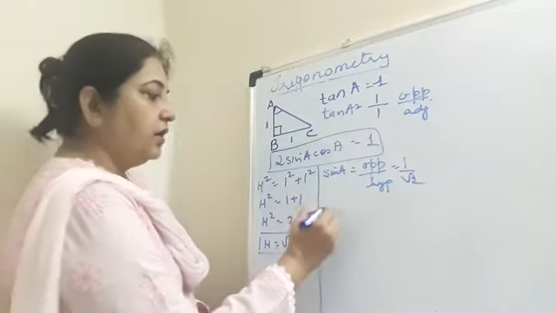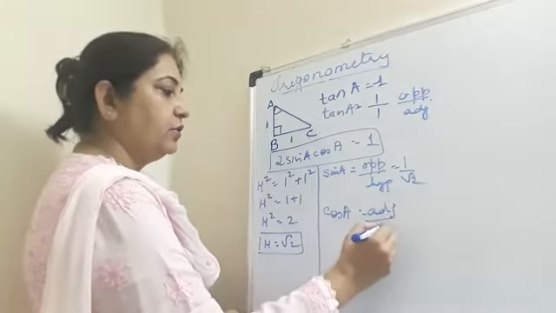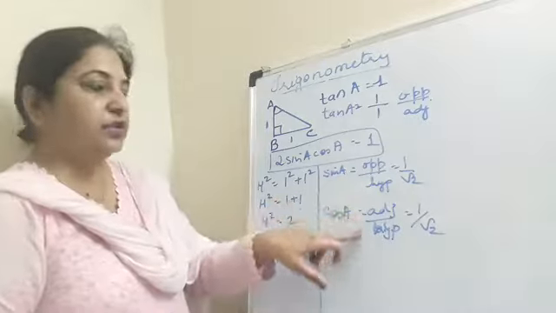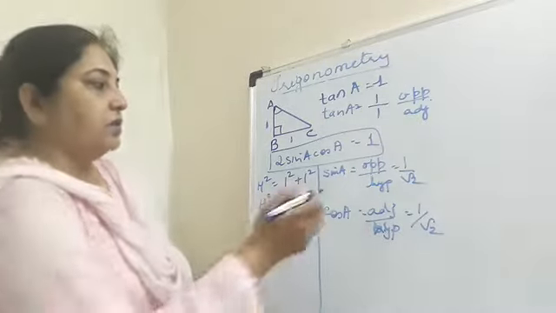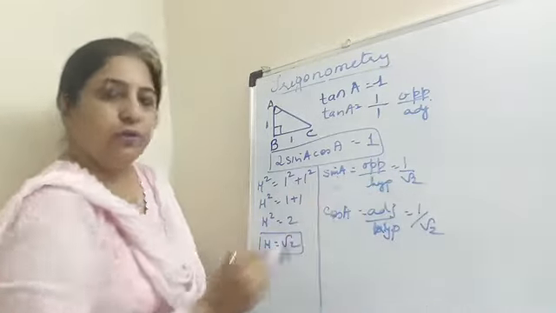Similarly, cos A is equal to adjacent upon hypotenuse, which is again 1 upon root 2. I told you yesterday, learn these ratios so that you have no problem when you're solving the exercise. So for both sin A and cos A, I get 1 upon root 2.